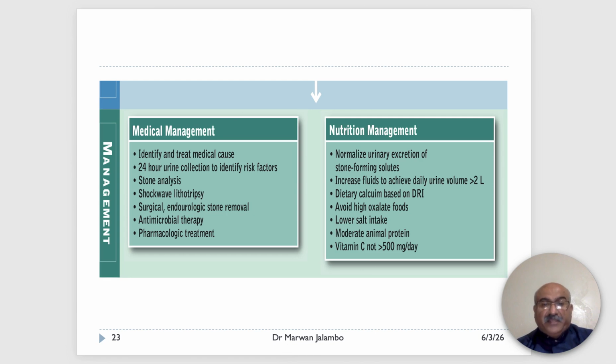Normalize the excretion of solutes by avoiding high oxalate foods, lowering salt intake, and eating moderate amounts of animal protein. Manage supplements. Keep dietary calcium at the recommended daily level and ensure vitamin C supplements do not exceed 500 milligrams daily.